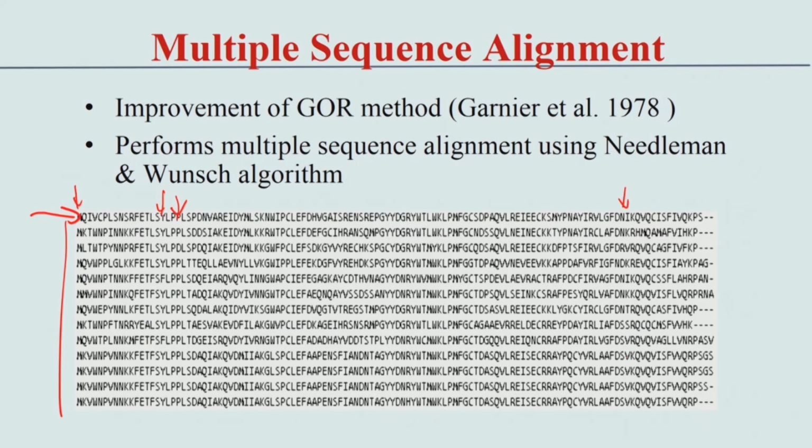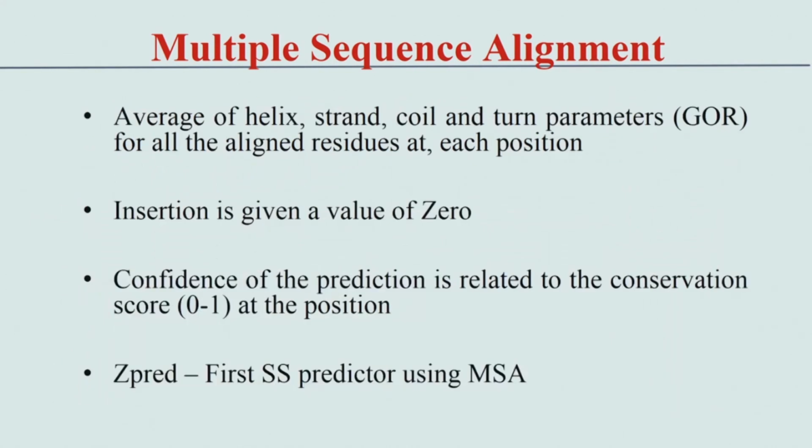So, if it is highly conserved, then the prediction performance is likely to be high, because we take the same information from different sequences. So, what to do when you make this sequence alignment? There are different ways to do it. First case is we can get the GOR values, that means we have the frequency of occurrence matrices.